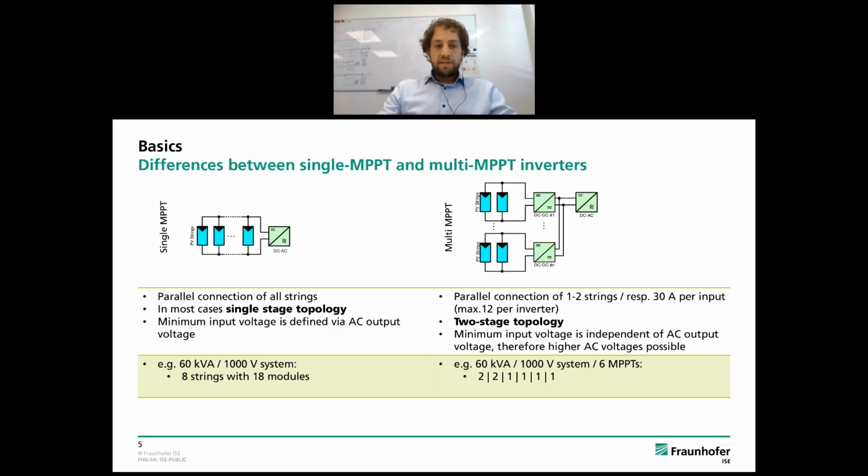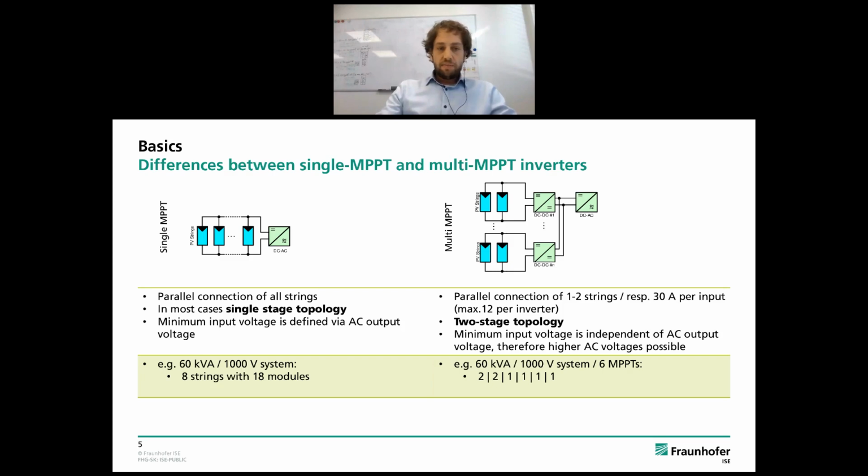The basic difference between single-MPPT and multi-MPPT inverters is the number of MPPT inputs. On the left part of my slide, you see that for single-MPPT inverters, all PV module strings are simply connected in parallel and then connected to the inverter.